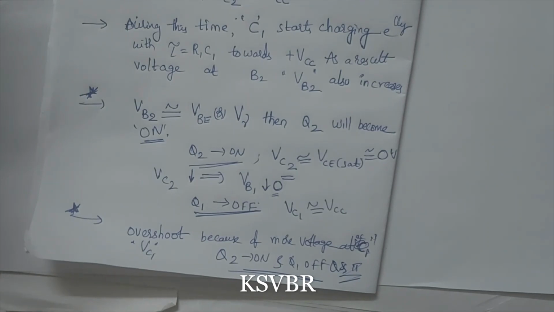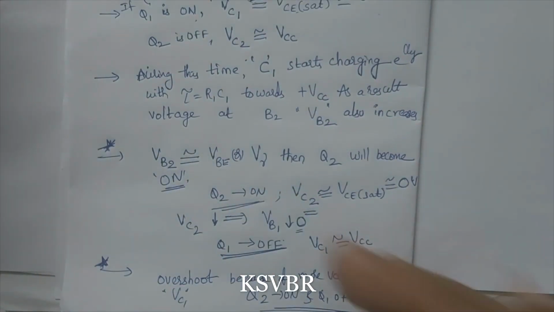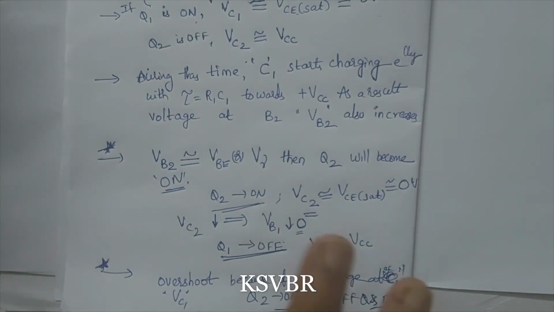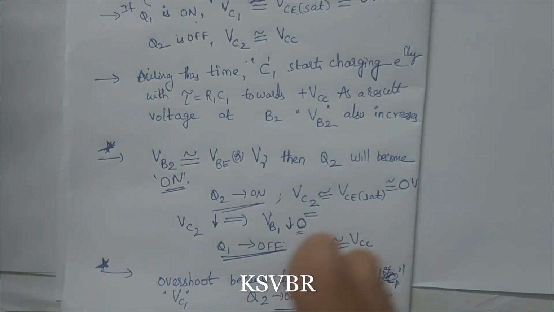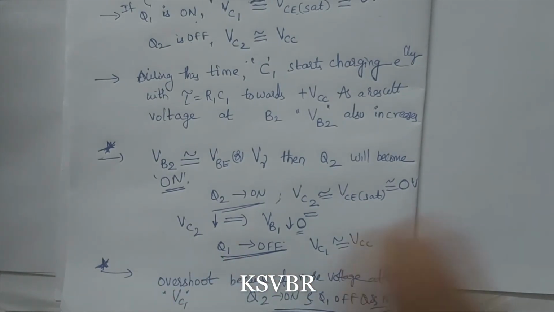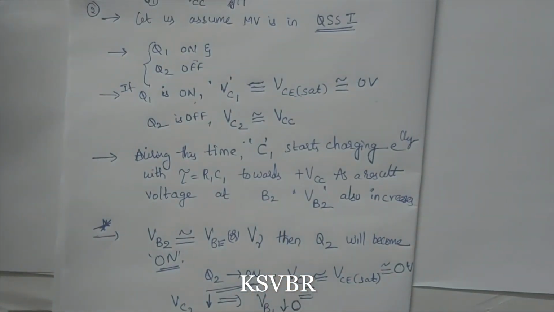Now, how much time does it take to reach from one quasi-stable state to another? We are saying that because of capacitor C1 charging, the state changes from the first quasi-stable state to the second. How much time the capacitor takes to charge, we are going to analyze next.